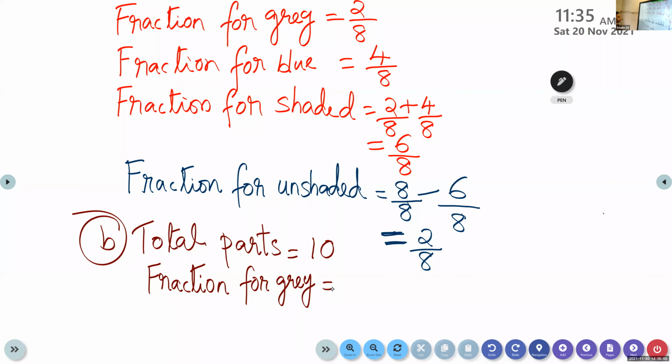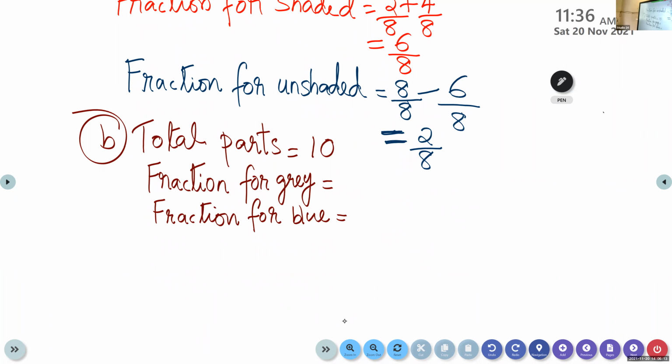Then write fraction for blue. Okay, fraction for gray, fraction for blue, then fraction for shaded.